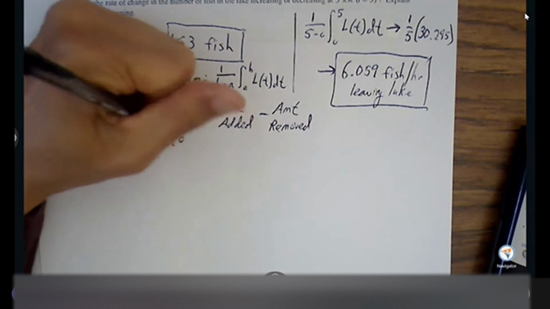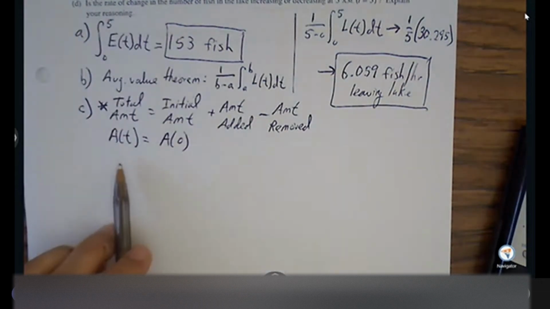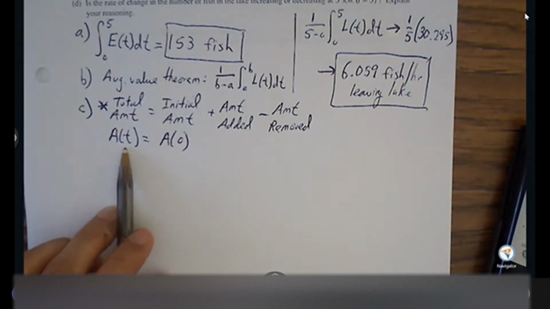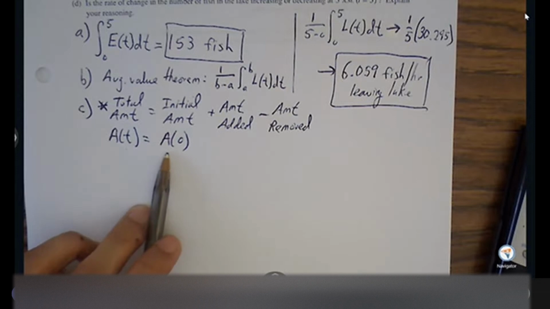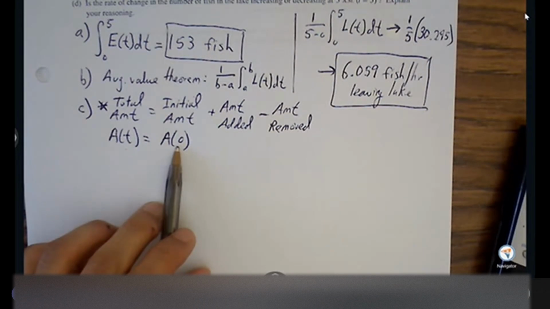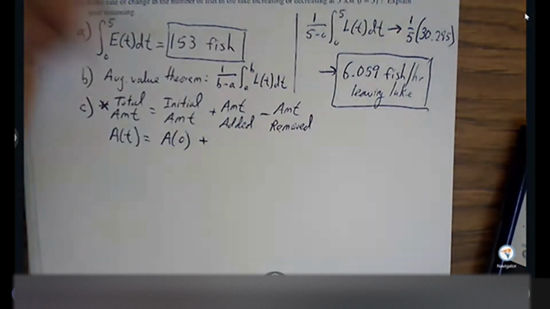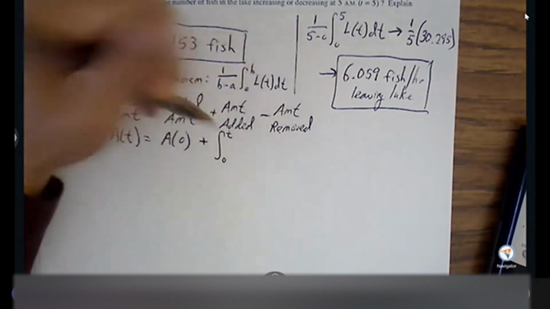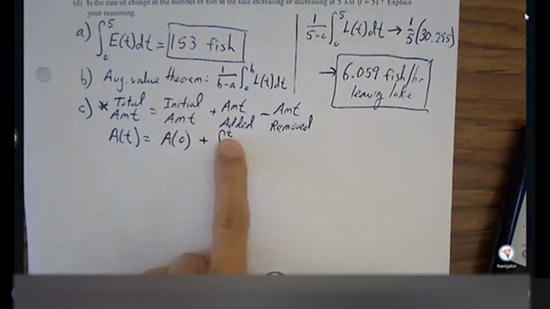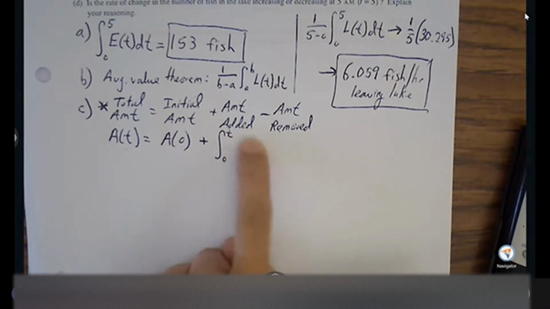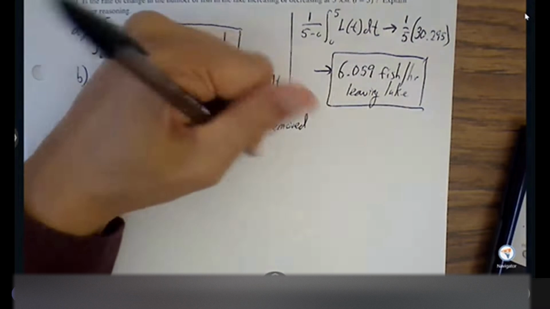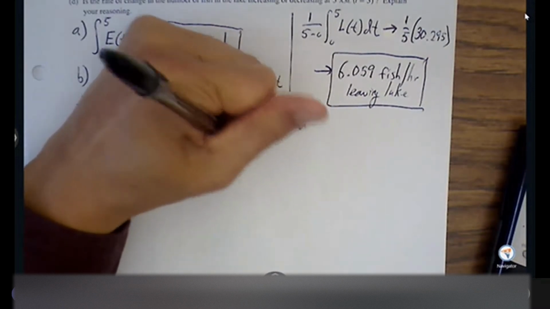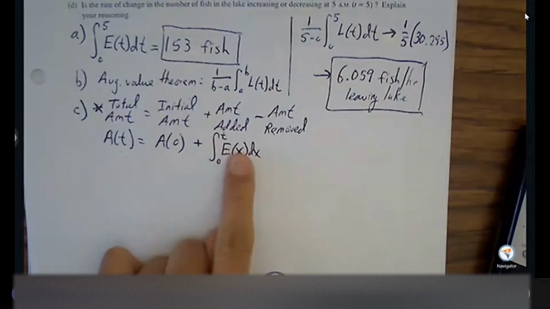So if I want to find the total number of fish in the lake at any moment in time, it's my initial amount plus the amount added, which is the accumulation of my rate. But I'm going to leave my variable flexible to allow this to adapt to any moment in time. And notation-wise, we typically use a different variable so that when t gets inserted, it'll become E of t.